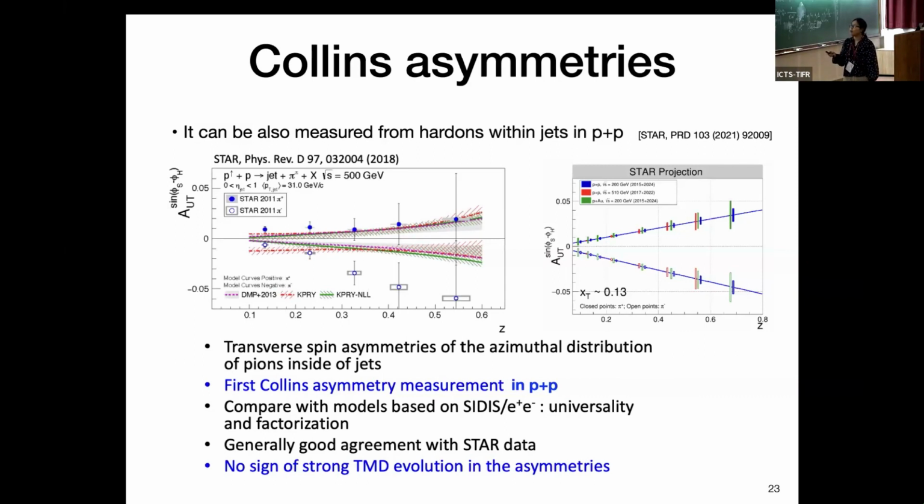And when you compare this with the model that's based on the e+ e- and SIDIS data, you can also check the universality with respect to QCD. Those calculations overall agree well, except for this sign here a little bit. And there is a projection for the further data expected for this measurement, with reduced uncertainty there.